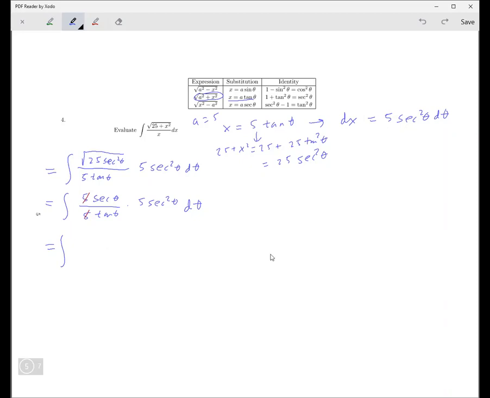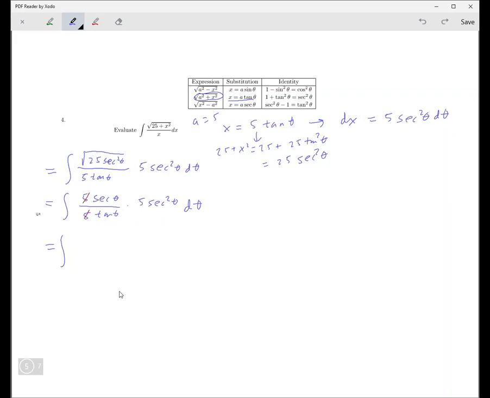Okay, so here, let's think about where this is going to go. If we combine these together, we'll have secant cubed. And that doesn't really help us that much with our integration, because if we're doing it in secants, then we need a secant tangent somewhere, but there's a tangent in the denominator.